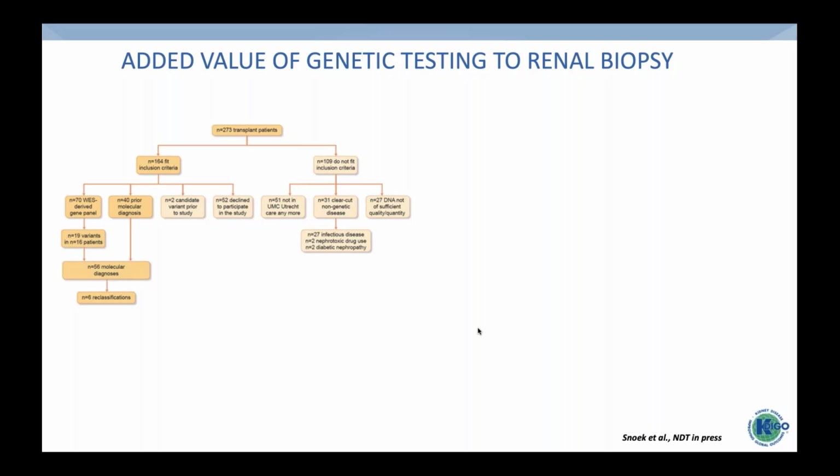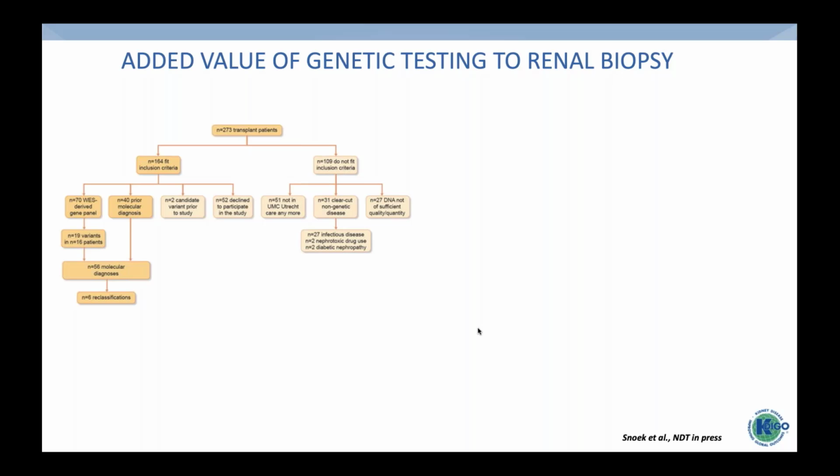And we tried not to have too many inclusion criteria. So just like you see in your normal clinical situation, you don't look at any inclusion criteria for genetic testing. So we tried to do a study that looks almost like clinical implementation.